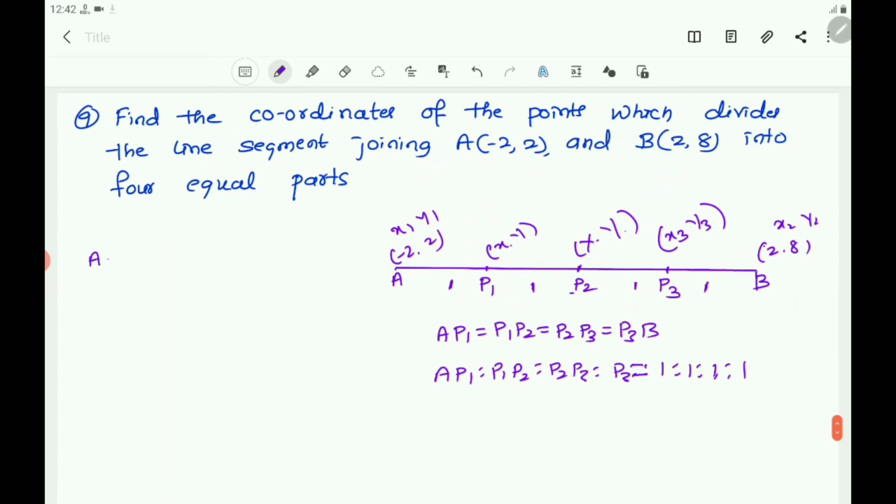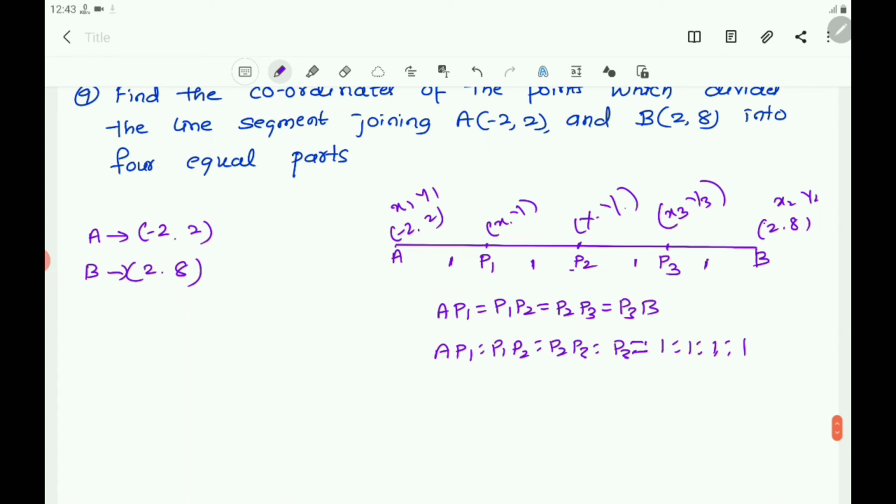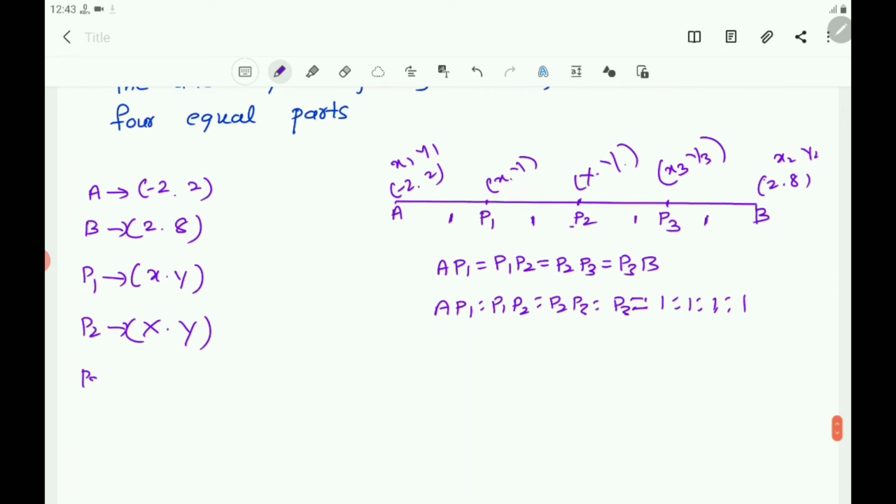So let us write here, A is a point with coordinates minus 2, 2, and B is a point with coordinates 2, 8. Then P1 is a point with coordinates, let us say, x, y. P2 is a point with coordinates capital X, capital Y, and P3 is a point with coordinates, here we have taken x1, y1 for our convenience, this is x2, y2, so let this be x3, y3.